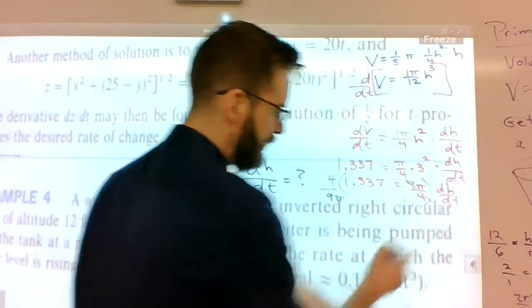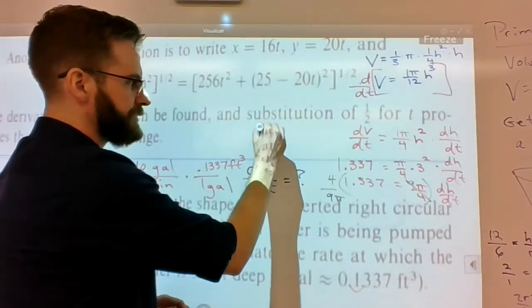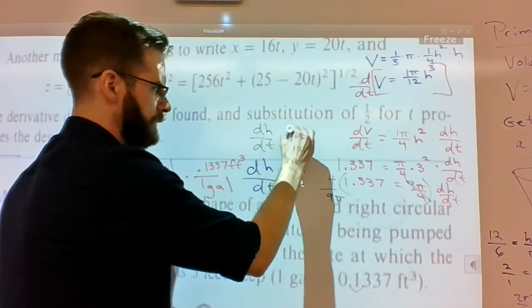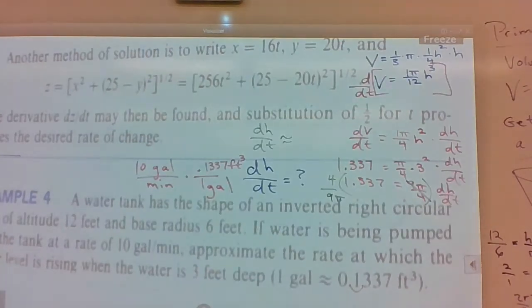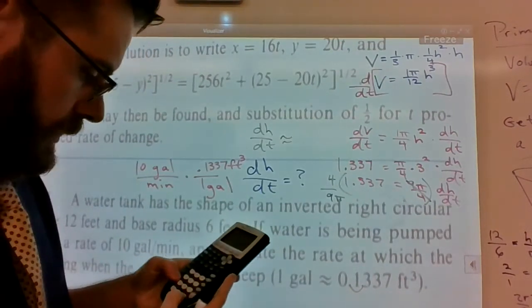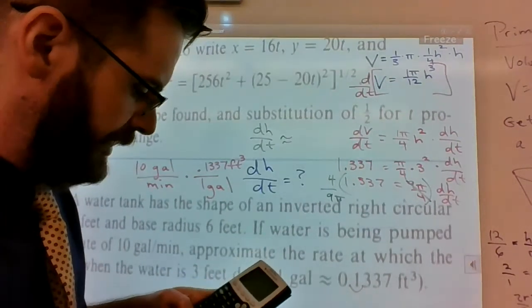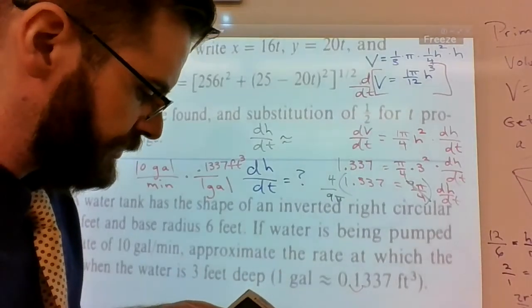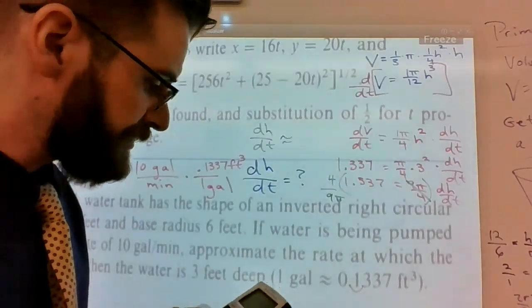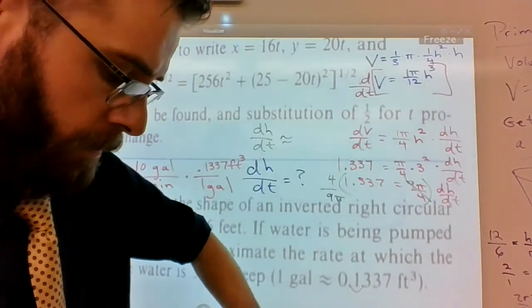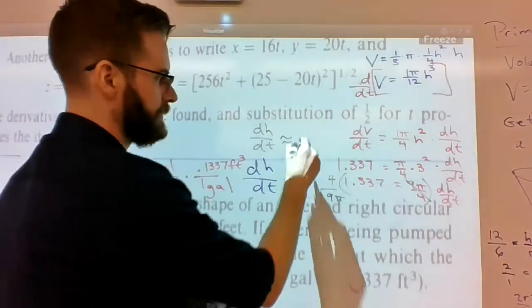That gets rid of it here. dh/dt becomes, I think we need a calculator here. All right, so 4 divided by, make sure the pi and the 9 are in parentheses next to each other, times 1.337. That gives me 0.198.